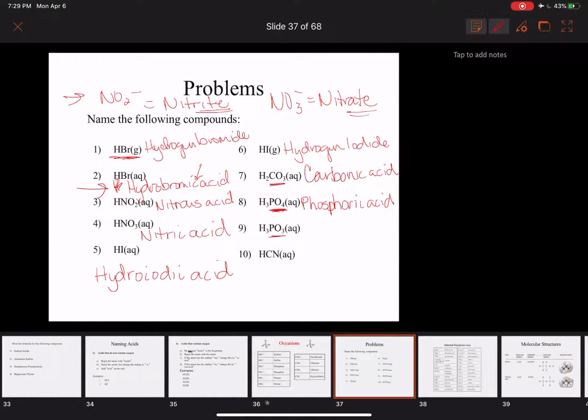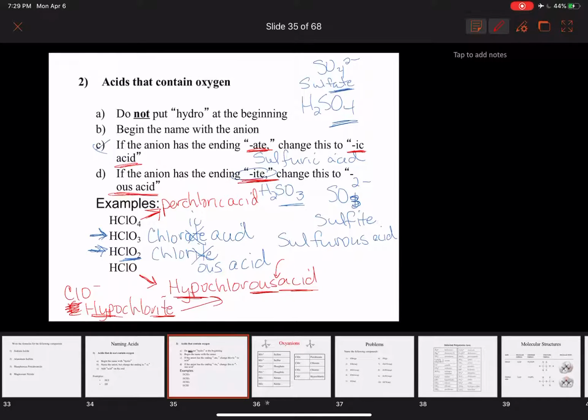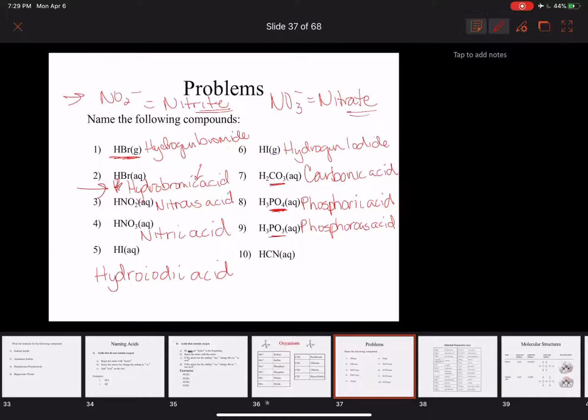So if H3PO4 is phosphoric acid, then H3PO3 would be phosphorous acid. And again, that's because the rules say if you have an "ite" ending, you change the ending in the acid to "ous" acid. So we have phosphorous acid because this came from phosphite.